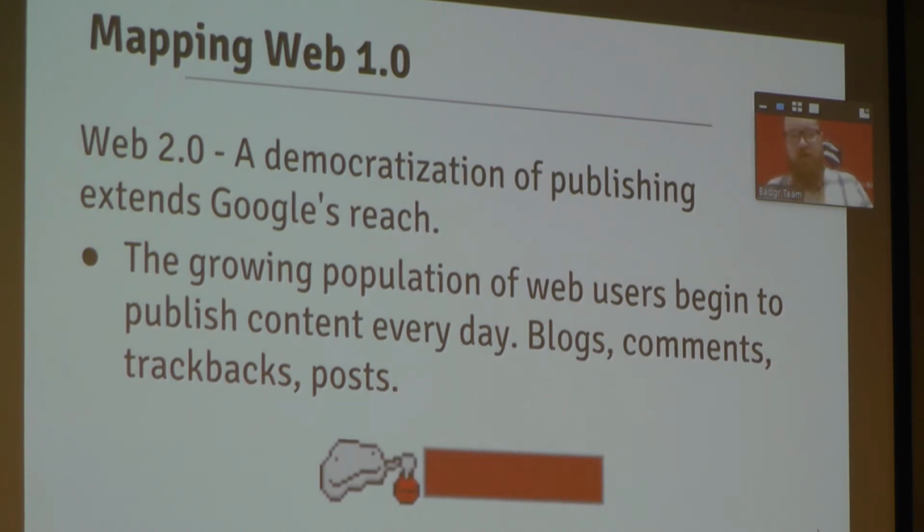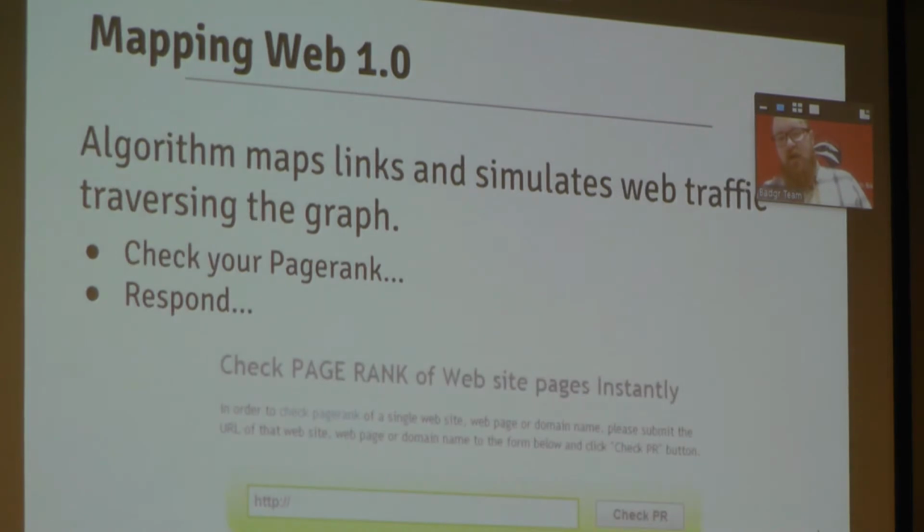And so Google's algorithm spread into this world naturally, in that this is what it was built to handle. It's built to handle the generation of links. As that happened, people were able to check your page rank.